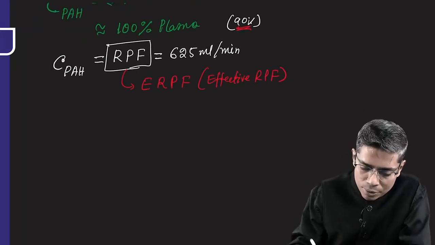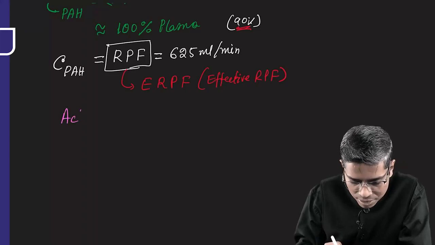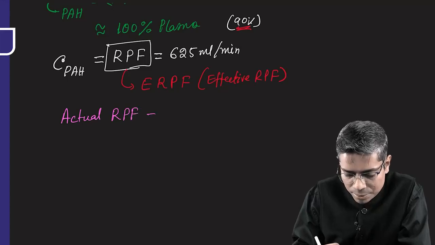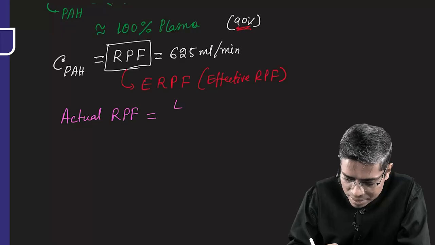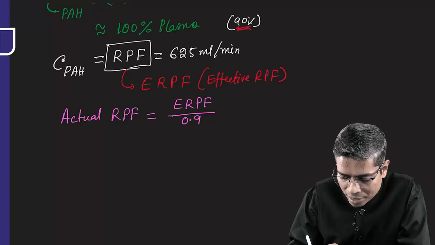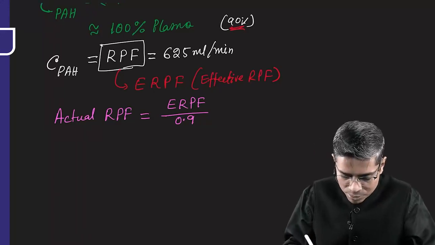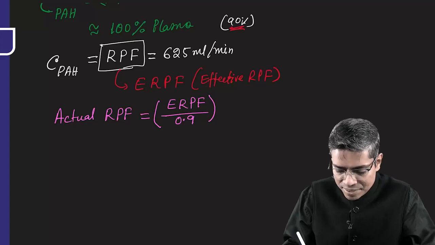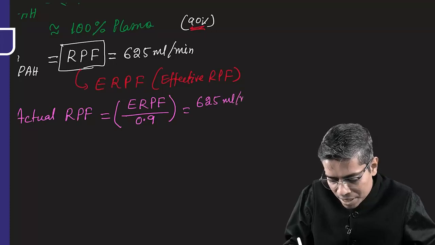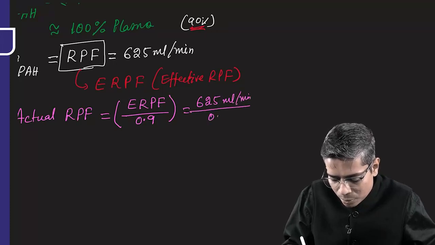So if I want to calculate the actual renal plasma flow, then obviously this effective renal plasma flow is divided by 0.9 because of 90%. Effective renal plasma flow is 625 ml per minute, divided by 0.9.